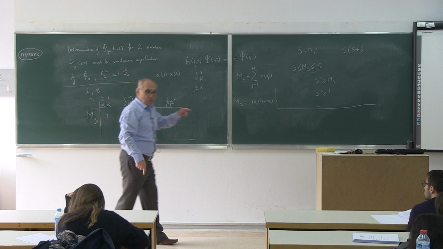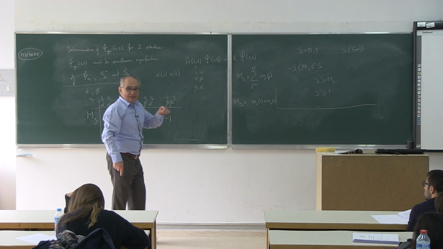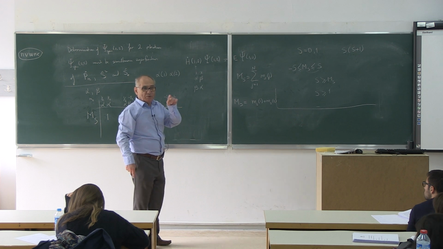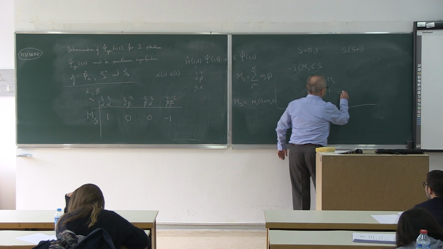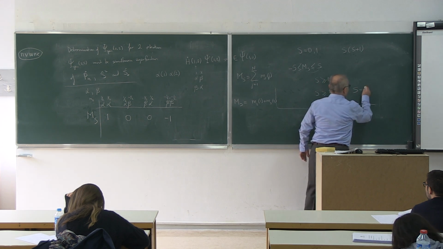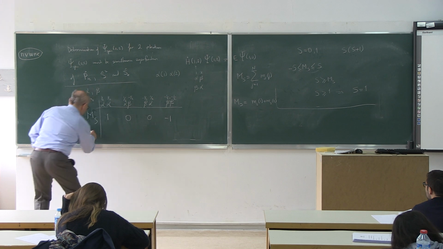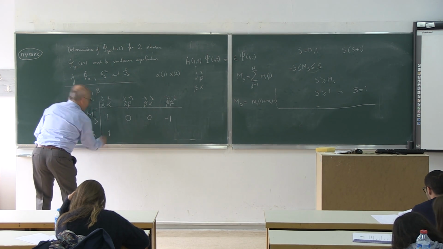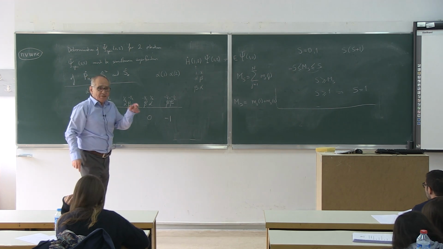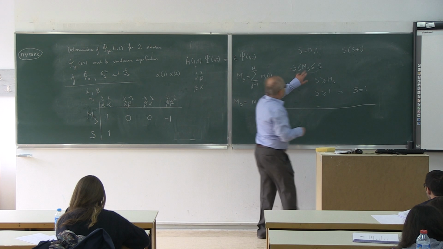Therefore, we conclude that for these 4 product functions, the largest S value is equal to plus 1. So here, S must be equal to 1 for this function. Here, let us write S value must be 1. Now, if S is 1, then look at here.